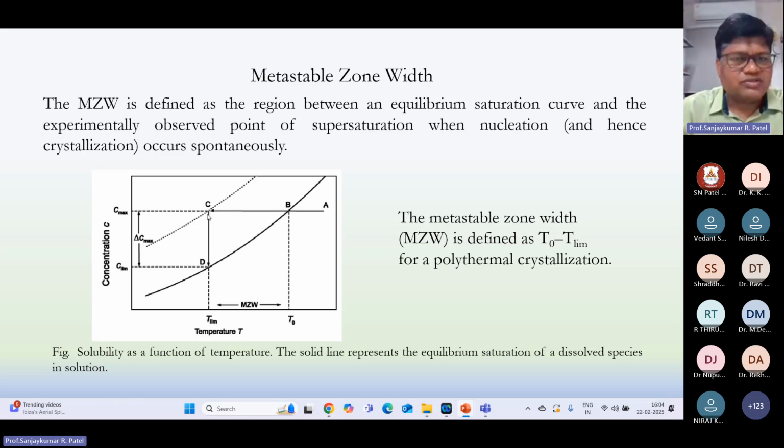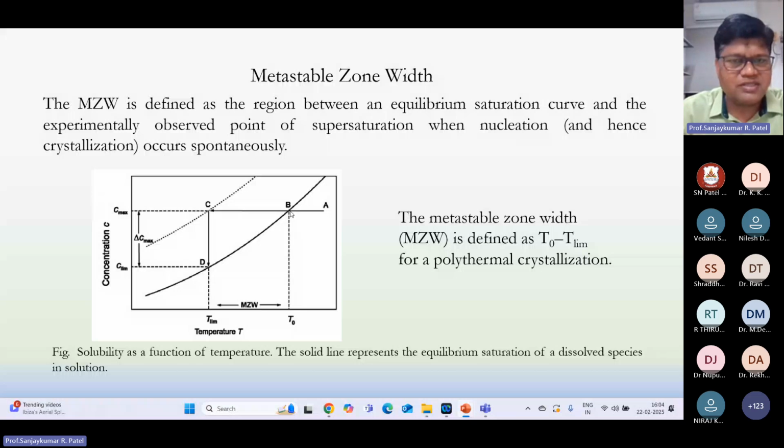Basically it is being controlled by the change in the temperature. Here the example is taken for the cooling crystallization. If you see here, the point B is nothing but a solubility limit, correct? At the temperature of T0.